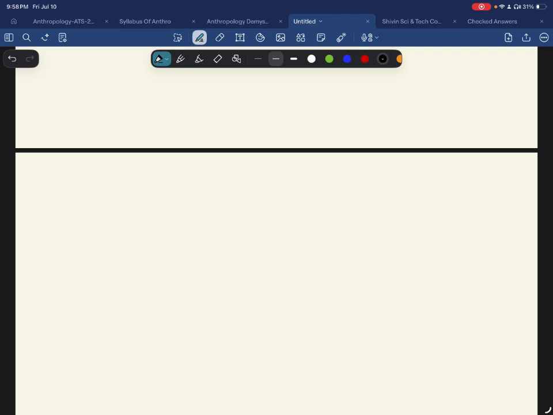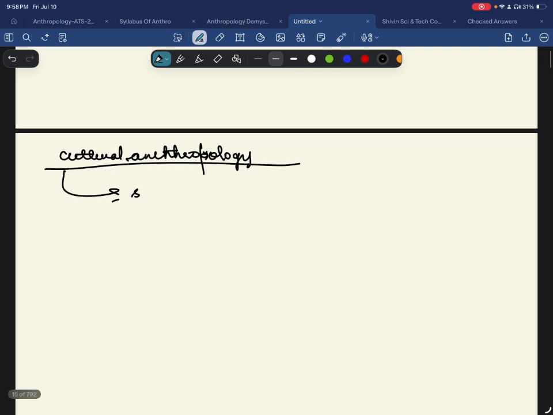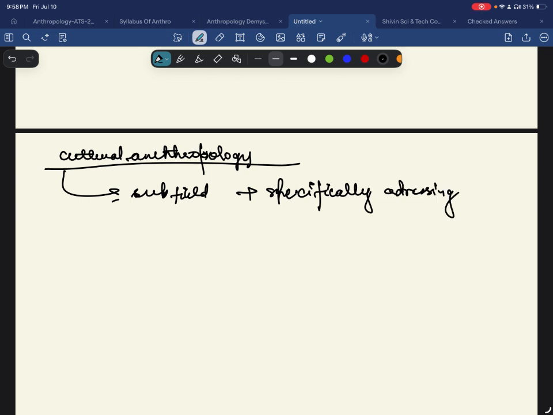ओके, so let us talk about cultural anthropology. अगर मैं इसको बोलूं anthropology, if I tell कि how would you define it? So subfield of anthropology, specifically addressing the study of cultures.